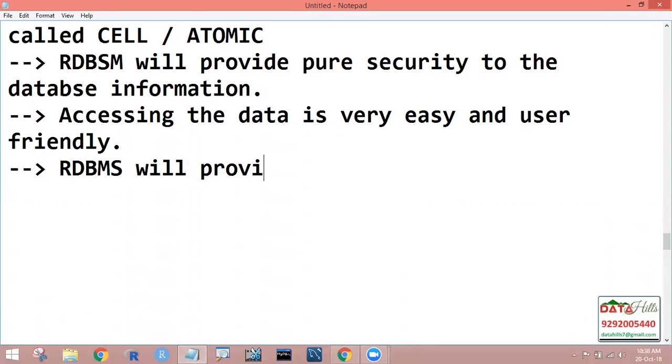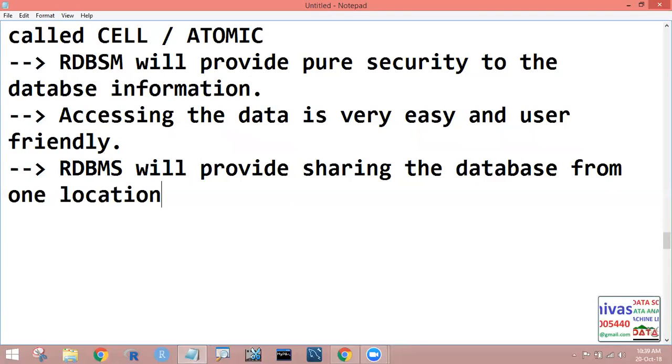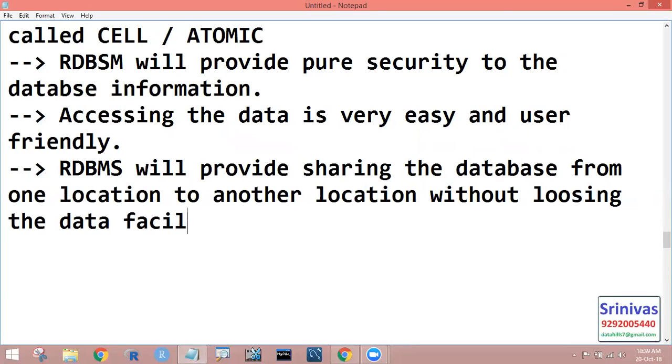It is going to provide sharing the databases from one location to another location without losing the data. That is the importance of this RDBMS.